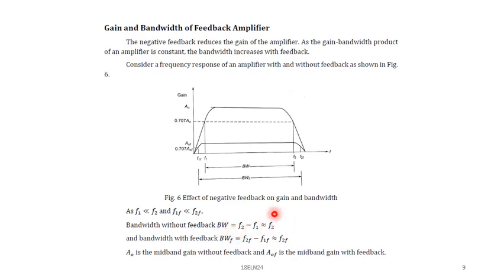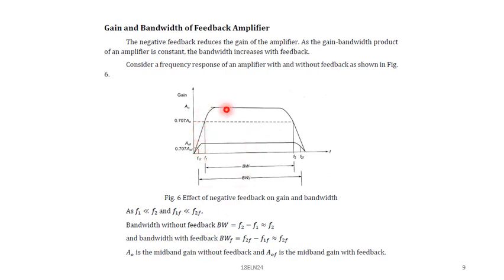This is one of the advantages of feedback amplifiers. By using the feedback concept, we can improve the bandwidth. At the same time, the gain will be stabilized. Any variation with respect to changes in circuit components or temperature variation, without feedback, generally the gain will not be stabilized. But if I use the feedback concept, the gain will be stabilized.